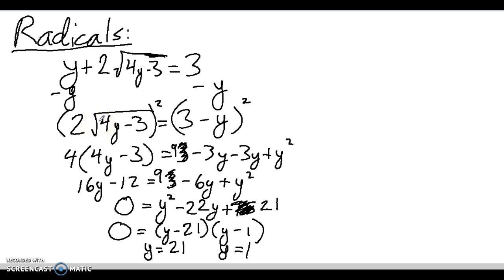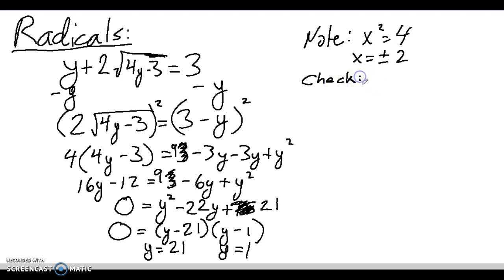But the problem is if I just have x squared equals 4, that has 2 solutions. x could be either positive or negative 2. So when I've squared things, I might have introduced false solutions, so I need to check them. Every time I'm playing with a radical equation, I'm going to have to check my answers.